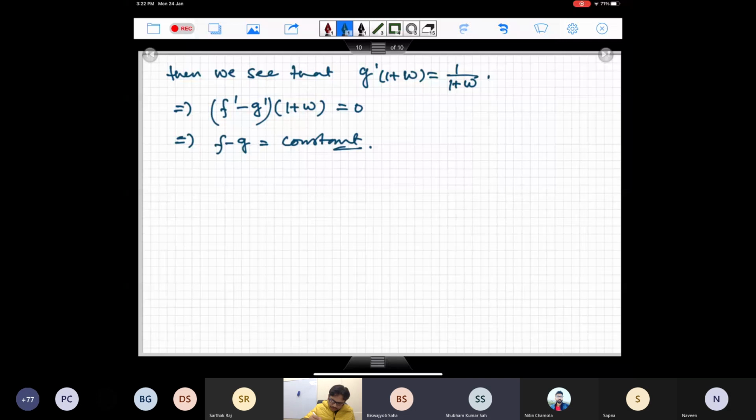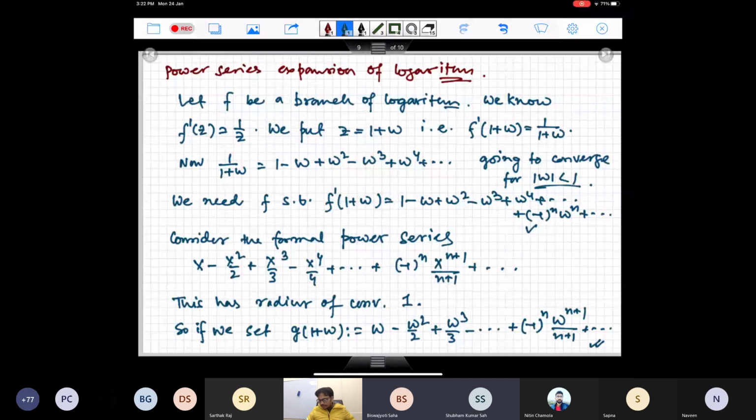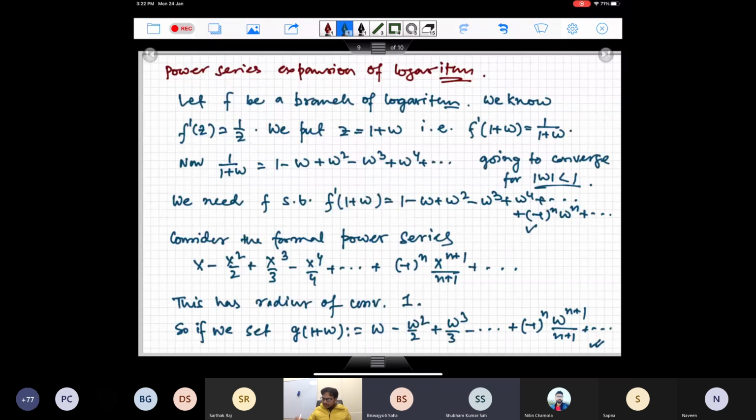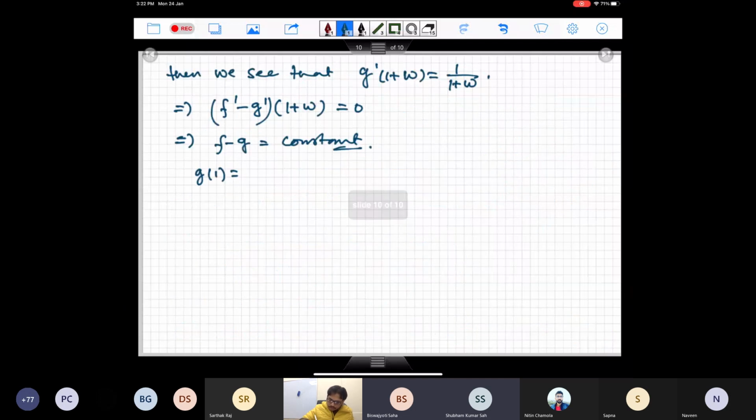Now let us look at this function at, for example, what is g of 1 from the power series? G of 1 is 0, you have to put w equal to 0, so g of 1 is equal to 0.